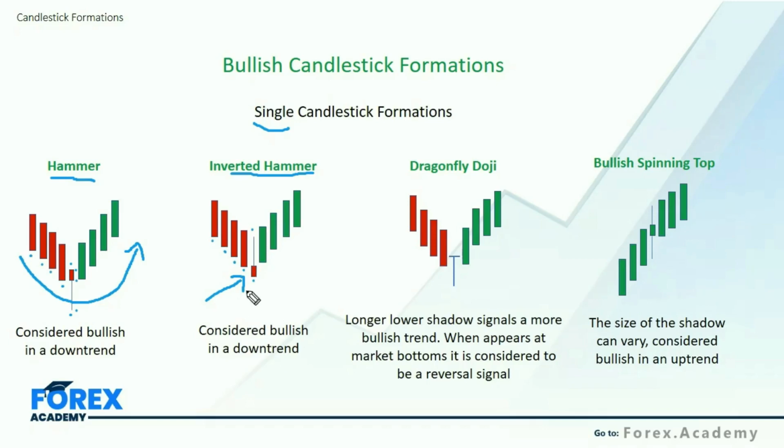And what we see then is an inverted hammer. It's the same as the hammer, it's just that the hammer end is at the top of the shadow rather than at the bottom. But for all intents and purposes, when we see this price action, it's referred to as an inverted hammer.